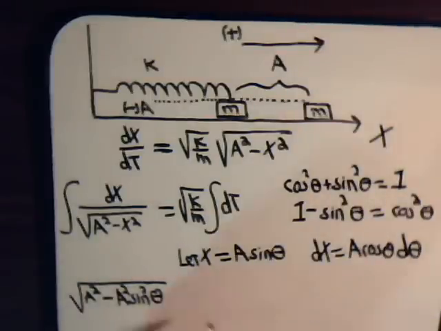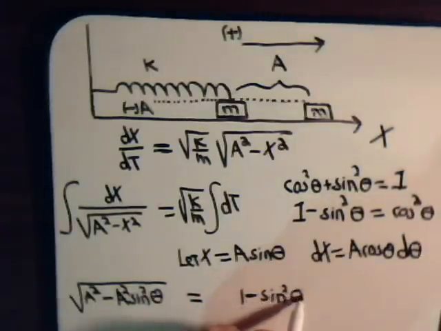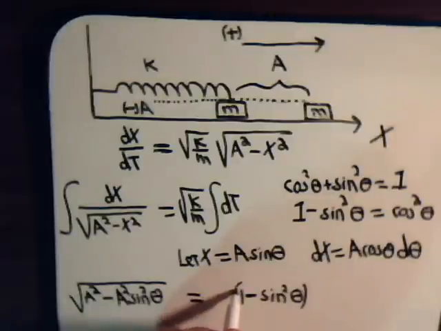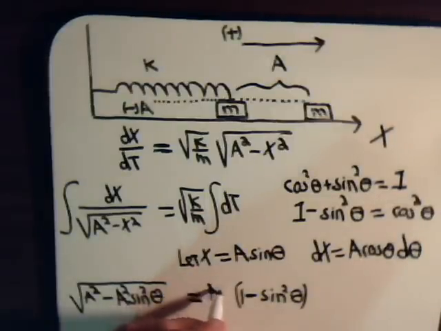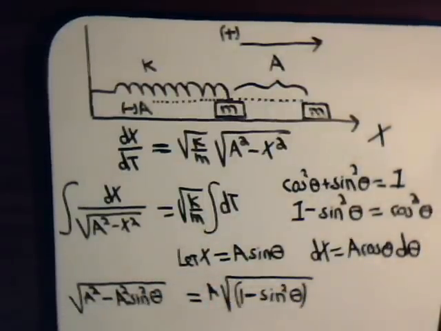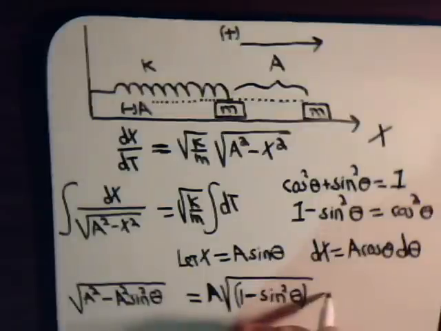We can factor out the a squared, which leaves us with 1 minus the sine squared of theta times a squared. We can take a squared outside of the square root sign, and that's the cosine squared, but the square root of that is the cosine.